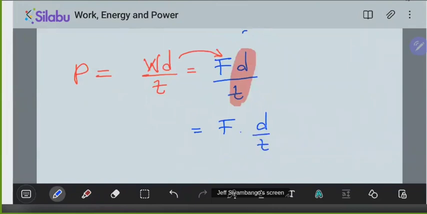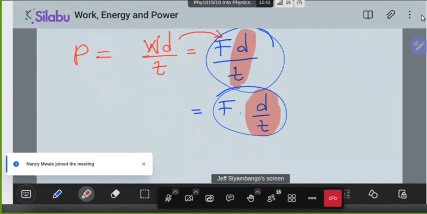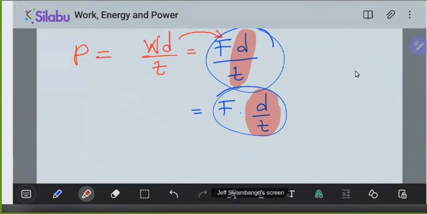This is the same as that. What does this imply? When you look at these two, what quantity do you think they are going to give you? Try to observe those two. What do you guys think?